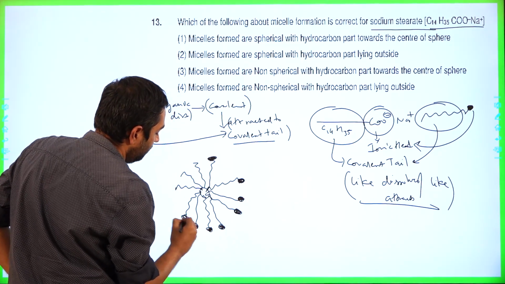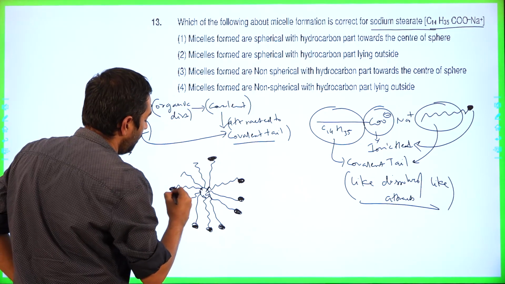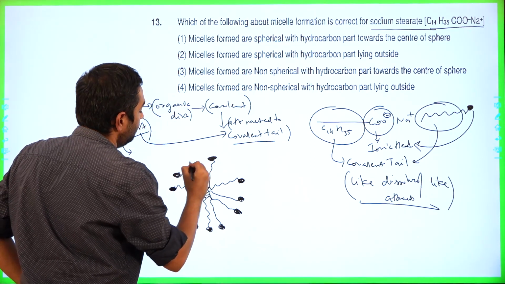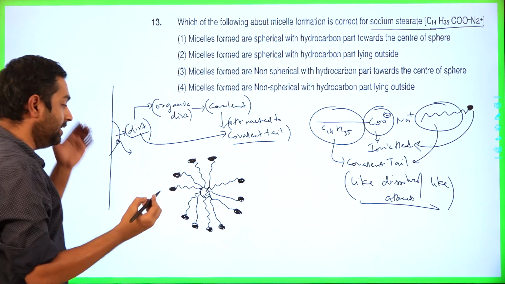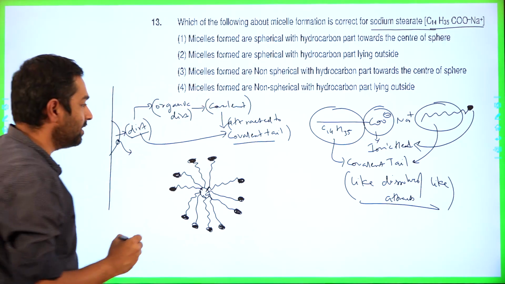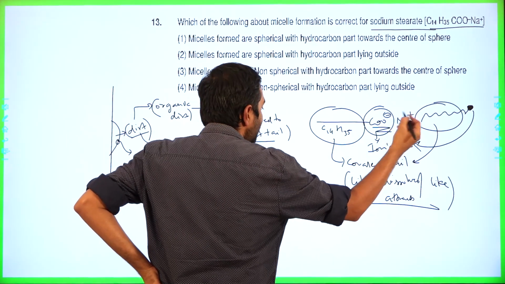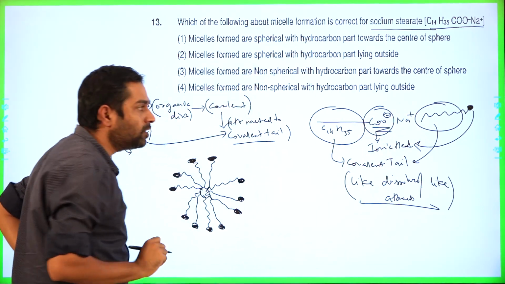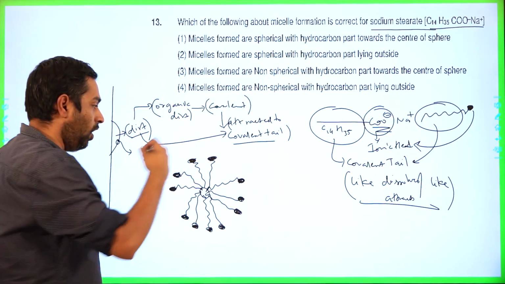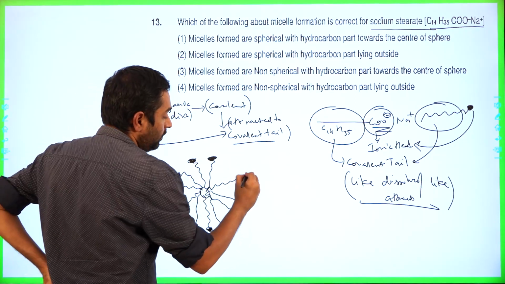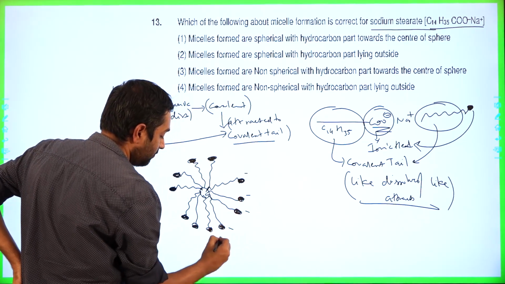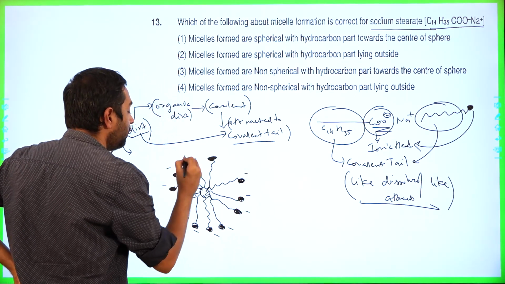Now in this micelle, we can quickly talk about some properties. The ionic head is always going to have a COO minus ending. So this is the COO minus. Na plus is something I don't care about because it will undergo hydration. It is not part of the micelle. So each of these guys will have a negative charge. So what can I conclude over here?